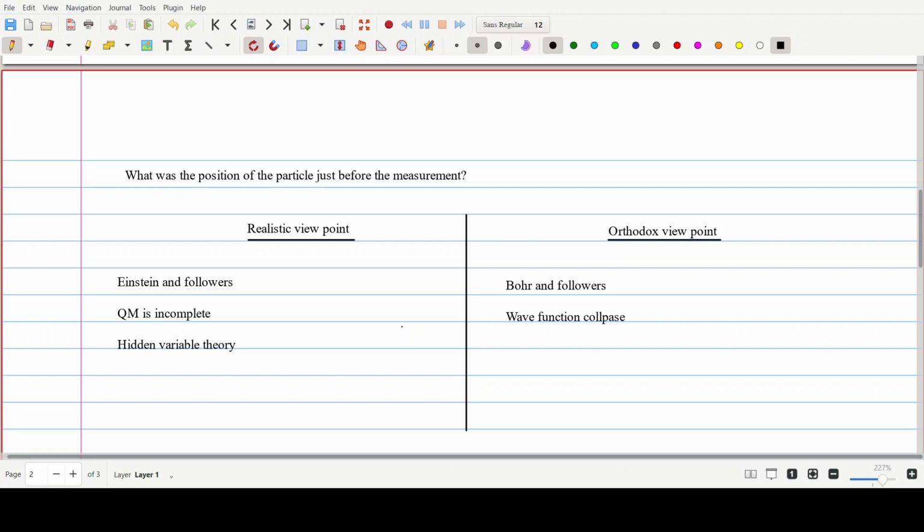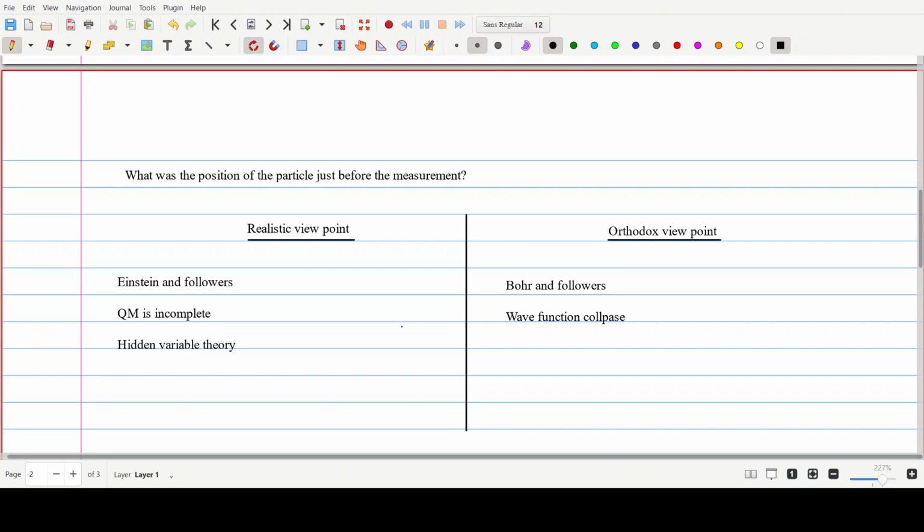The variables we are using in present quantum mechanics are incomplete. If we could find a few more variables, then it is possible to locate the particle just before the measurement itself. That theory is called hidden variable theory. It is just a hypothesis; it has not been formulated into anything. So this is one point of view: the particle might be at position C just before the measurement.